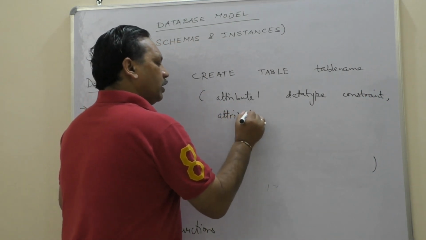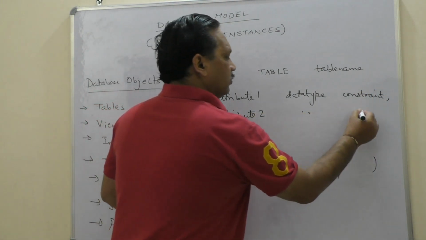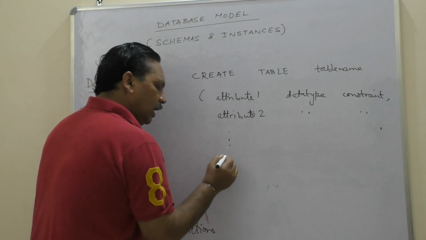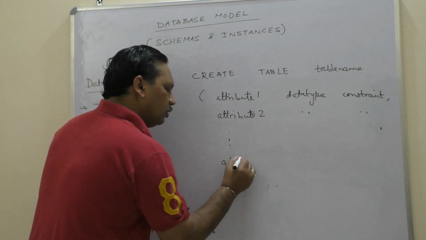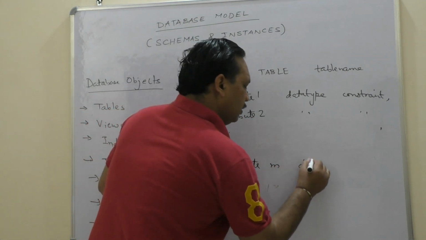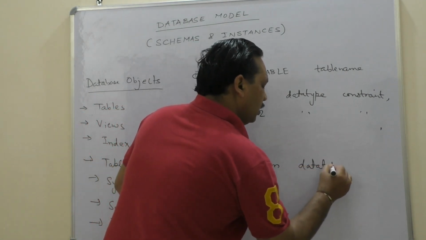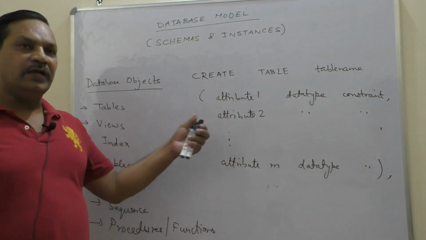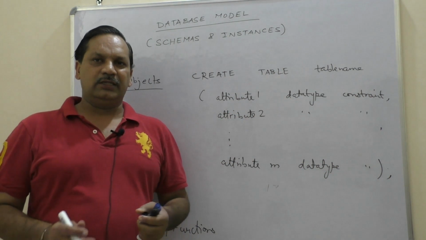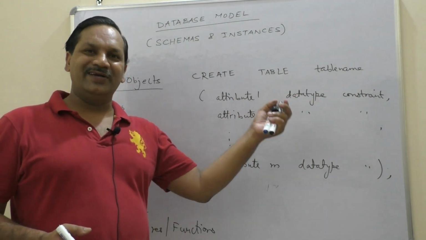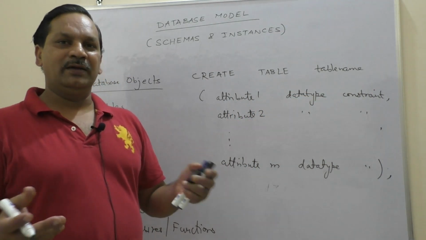So this is how you create a table: attribute, data type, constraint, and so on. Suppose the table has n columns, attribute m, data type, and constraint. It is not necessary that every attribute has a constraint. There are some attributes which might have constraints, database constraints, and some might not. Clear?